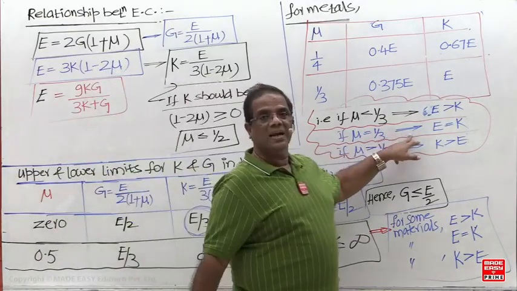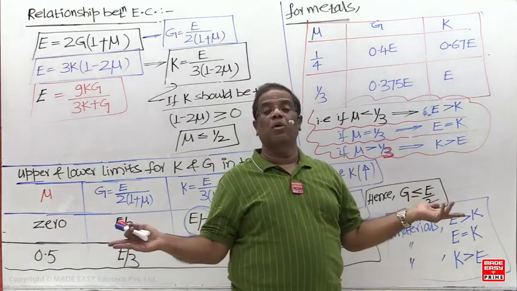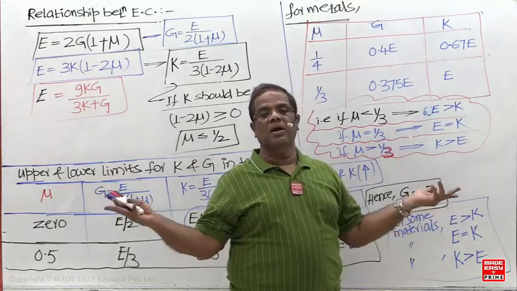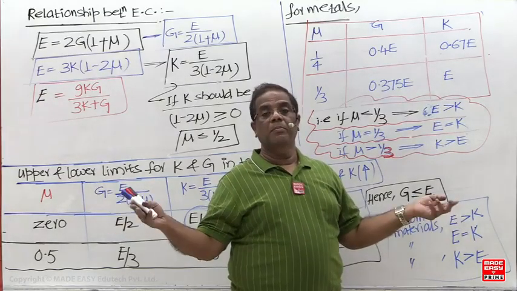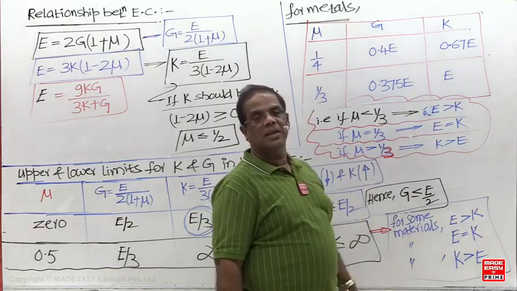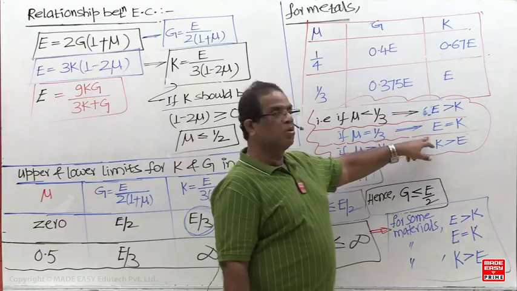In one paper it is directly given: for a material, Young's modulus and bulk modulus are equal. When bulk modulus and Young's modulus are equal, directly what does it mean? Mu is equal to 1/3. Exactly 1/3, both are equal.